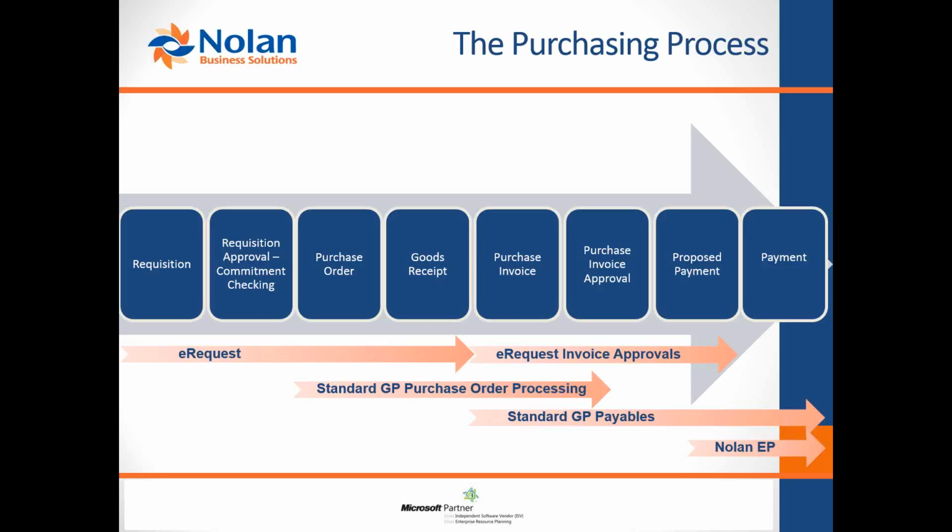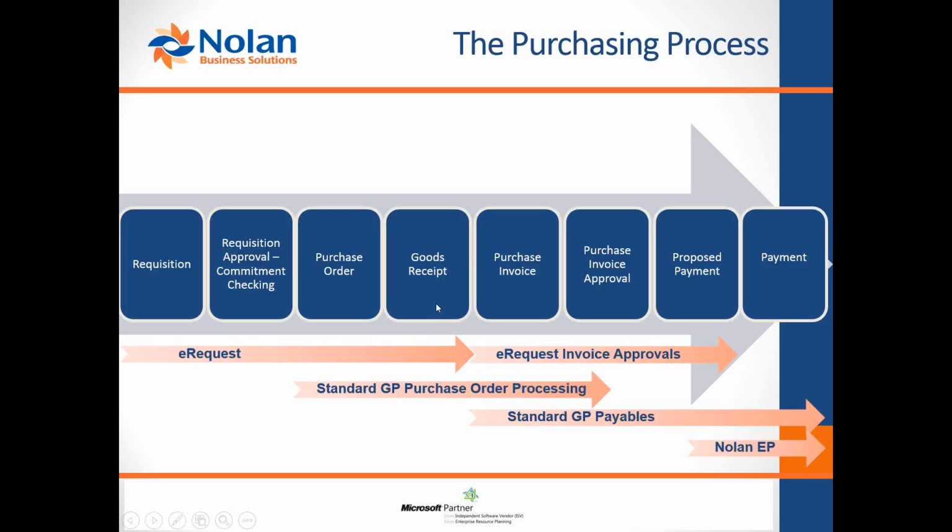No need to log into Dynamics GP. At the purchase order stage, when eRequest creates a purchase order, the purchase order is visible in eRequest, but actually it also lives within Dynamics GP. So it's the same data record, it's just the 2 systems can access it, and standard Dynamics purchase order processing can access the purchase order.